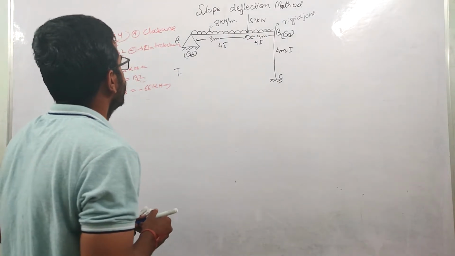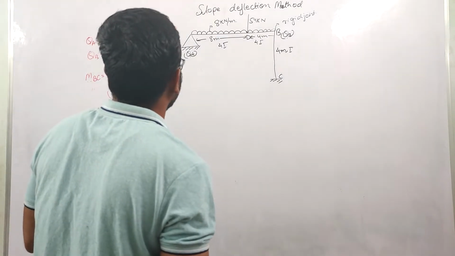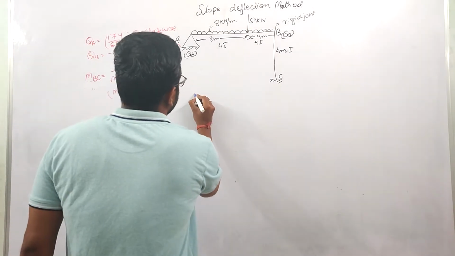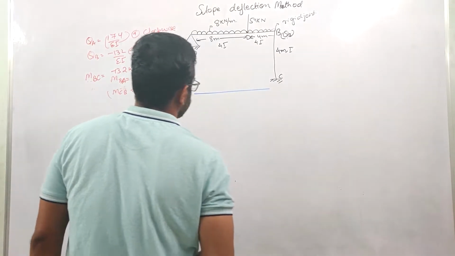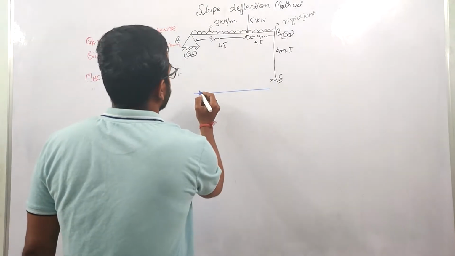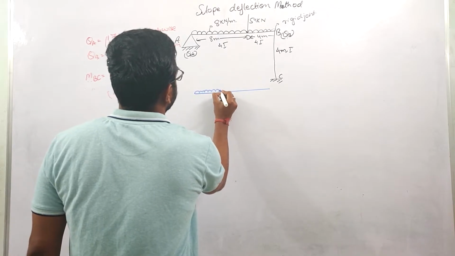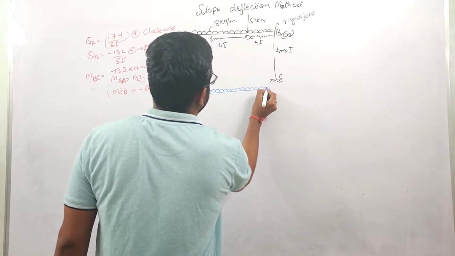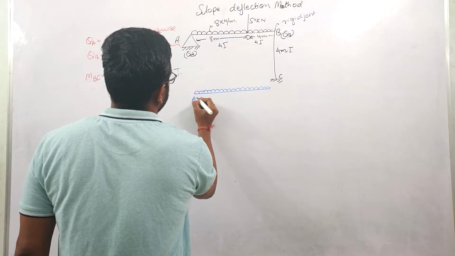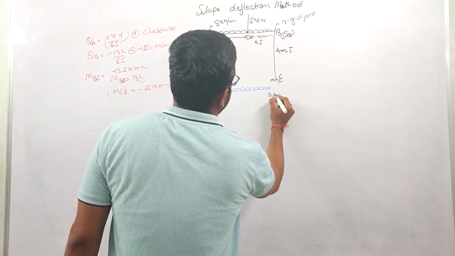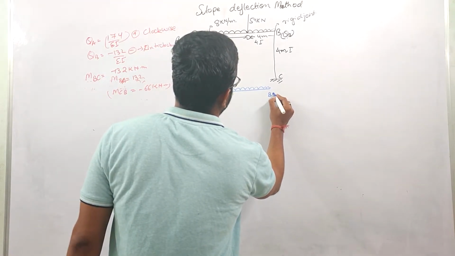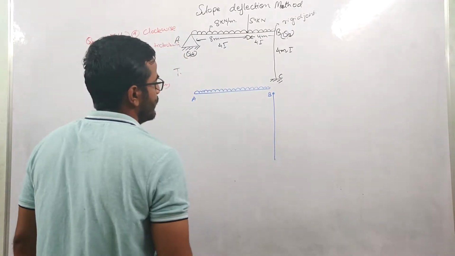So guys, now we need to draw this free body diagram. Let us draw this figure over here. There is a UDL acting on this beam AB, and there is a column which is the BC column.